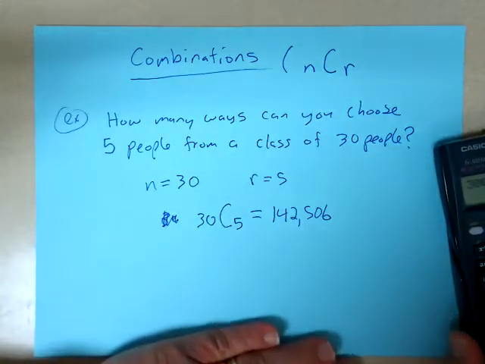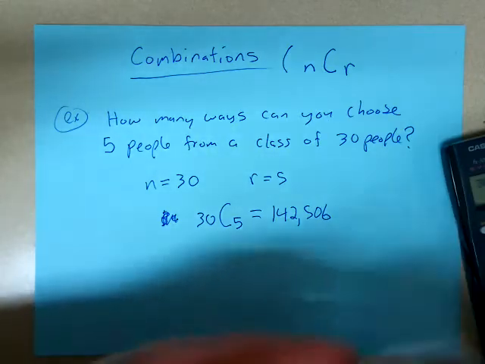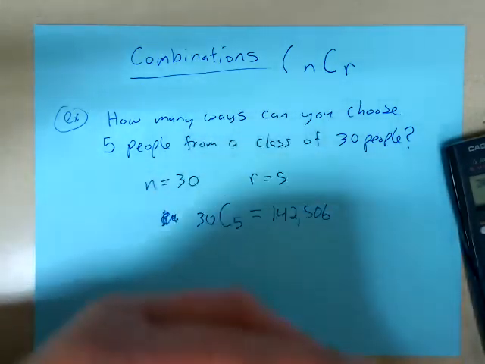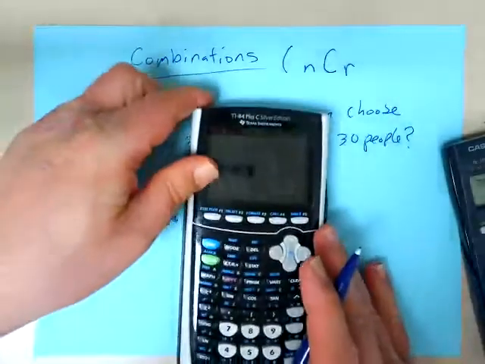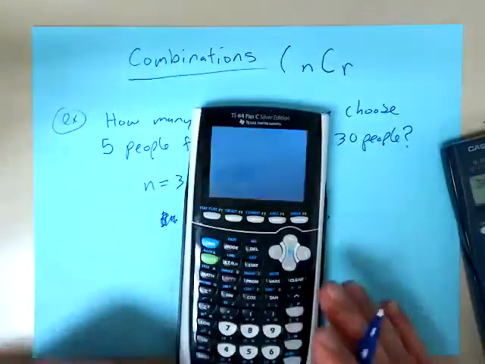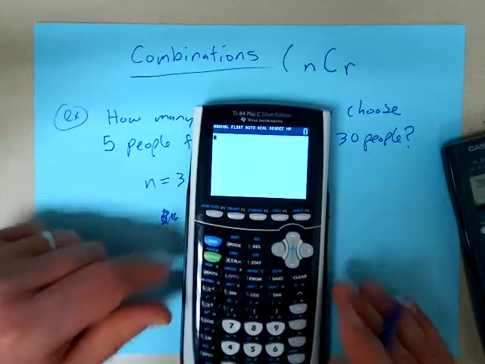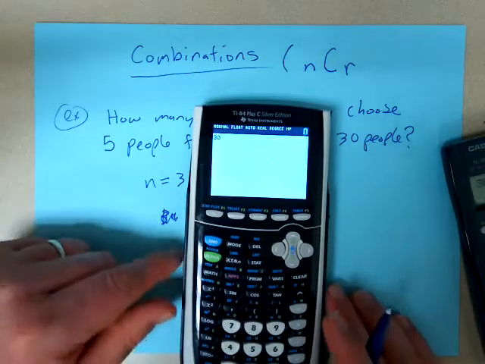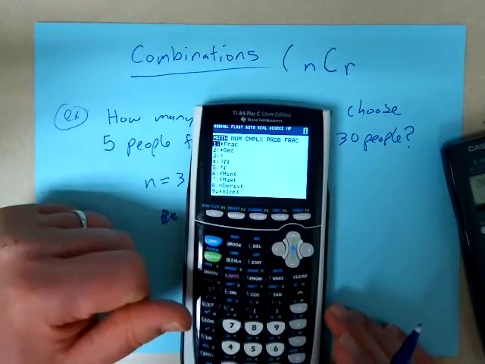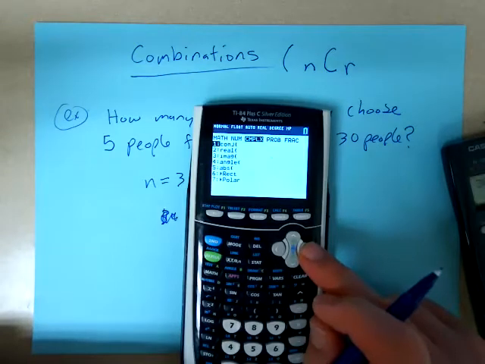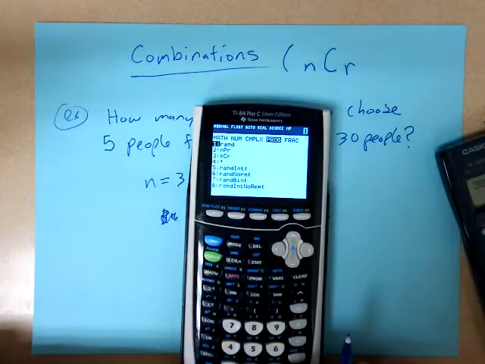So it's mind-boggling, really. If you have a graphing calculator, and some people do if they've taken a pre-calc class or something in high school, the way that you would do this is you'd type 30 in there, and then you would hit the math menu, go over to the probability menu, and hit 3 for NCR.